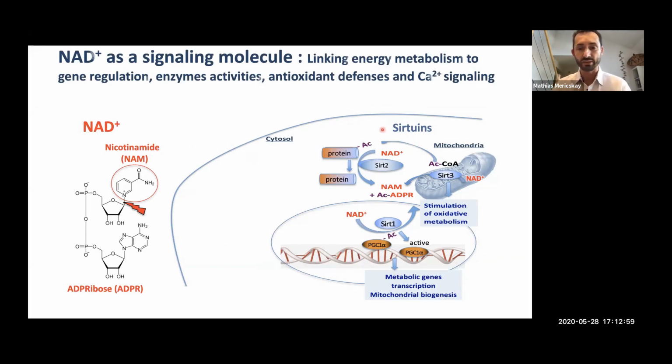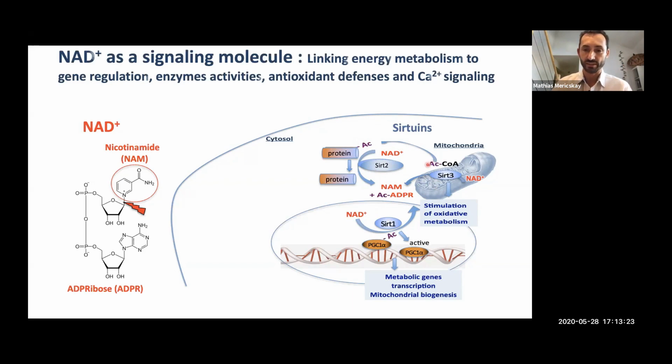As you know, there are 7 of them, but I'm showing mostly 3 of them, which are very important and well described. There is SIRT1, which is predominantly nuclear, SIRT2 in the cytosol, and SIRT3 in the mitochondria. And these enzymes are deacetylases, which remove acetyl groups which are added to the lysine of some cellular proteins in the different compartments.